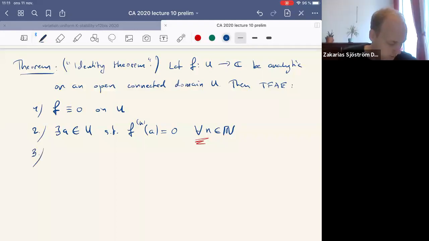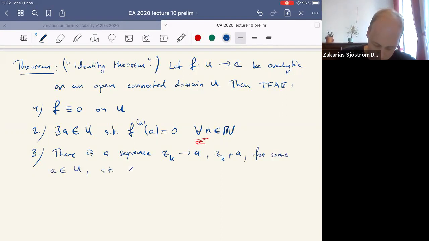And then you have a third one, which is that you have a sequence of points zk that tends to A, but never equals A, for some A, such that f of zk is equal to 0 for all k.